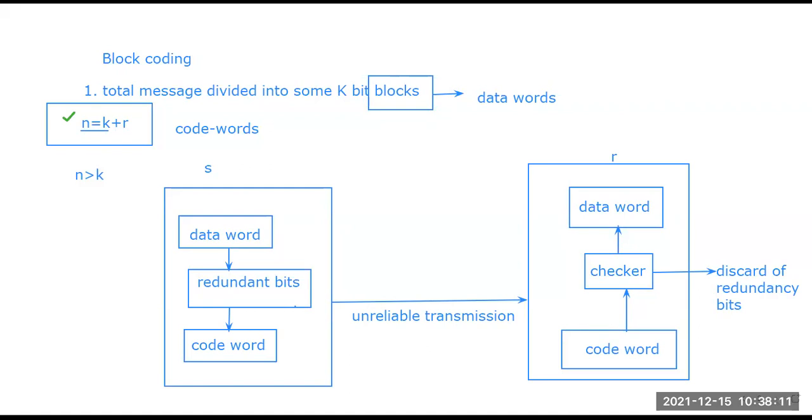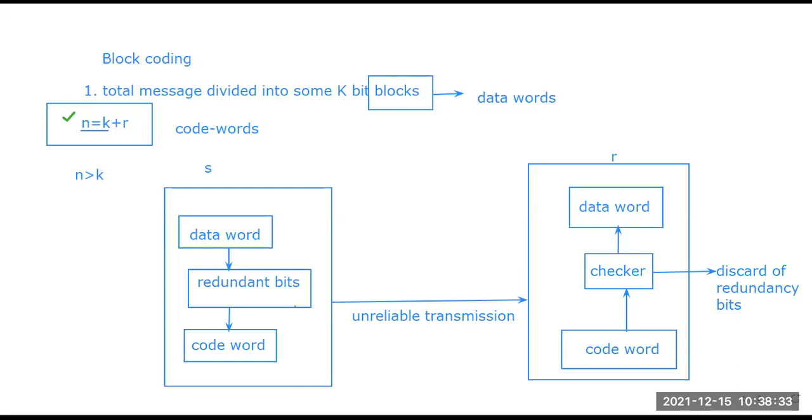So what happens is that there are two parts: the sender and the receiver. On the sender side, we create code words of the data words by using some generator, meaning the redundancy bits are added to the data word, creating a code word. Then in data transmission, each code word is sent to the receiver.